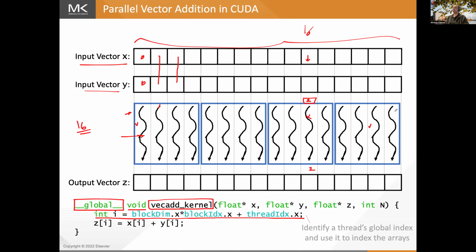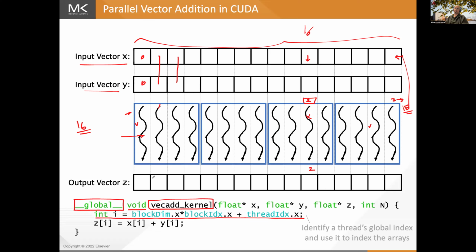So in this case, the last thread here has the index of 3, but when you compute it here, it has access to the 15th element of this array, right? So this way I can completely get rid of the for loop. And now if you think about it, the whole vec_add function is launched.